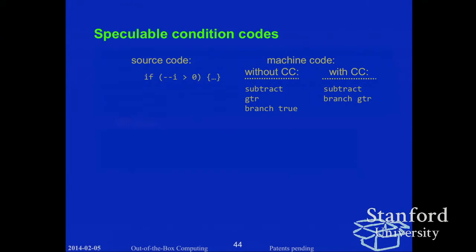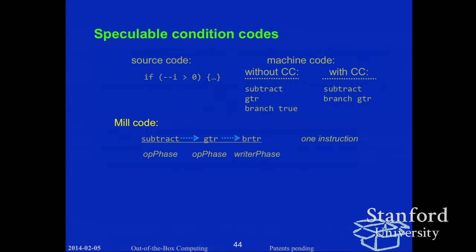Well, the Mill code, we need subtract and greater than branch on true. That is, in fact, one instruction. We want a data flow that goes from subtract to greater to branch on true. But subtract and greater than are both op-phase operations.